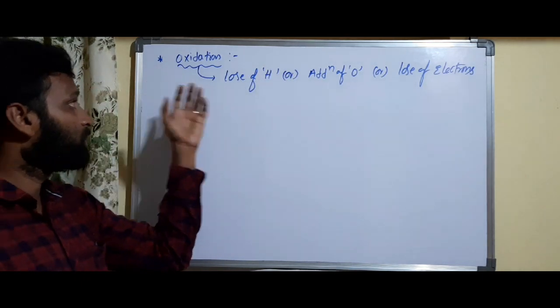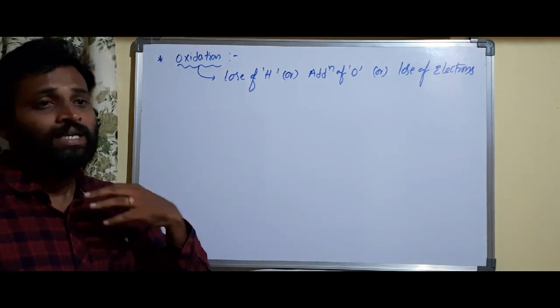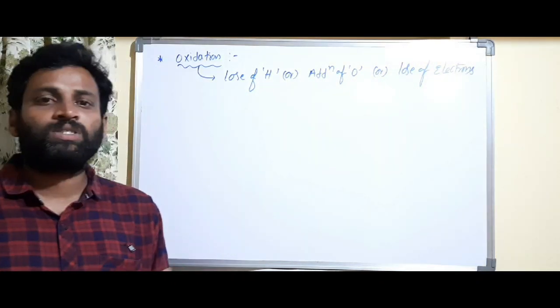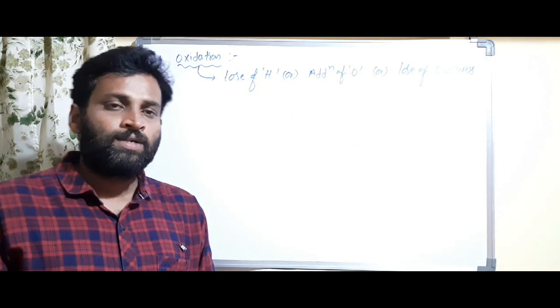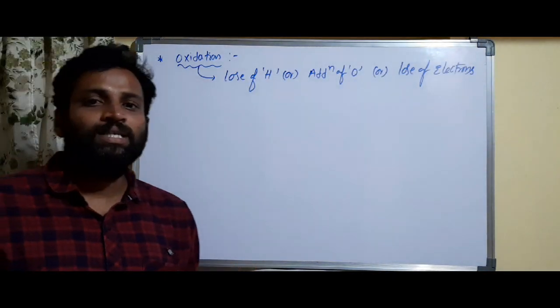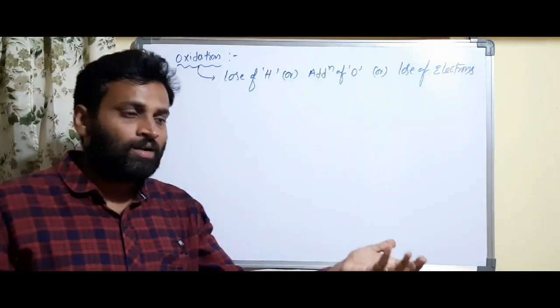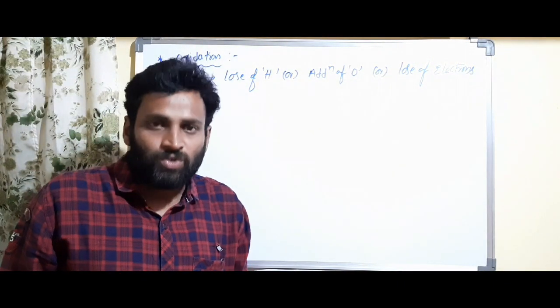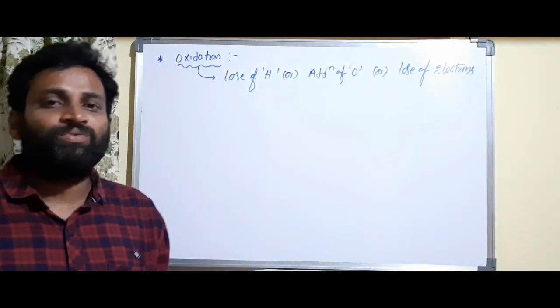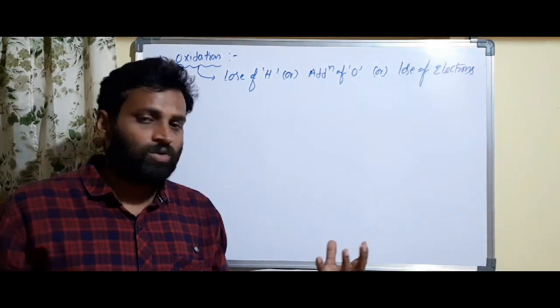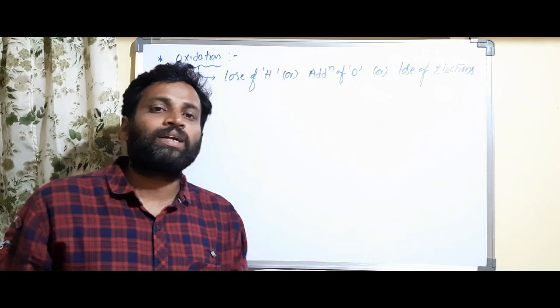Why have I given this definition? It's very important. We have a redox reactions chapter, so there you must know who is undergoing oxidation and who is undergoing reduction, meaning what loss happened and what gain happened. Then it will be very easy for us to know which will undergo oxidation and which will undergo reduction.